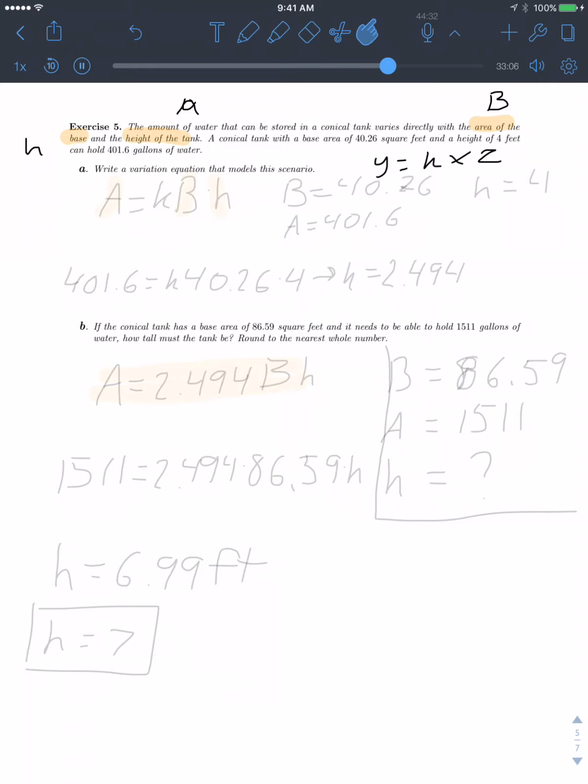Now that means that we can write our equation as y, oh, just kidding, we're not using y, we're using A, B, and H. So A, the amount of water, varies jointly with B, the area of the base, and H, the height of the tank.